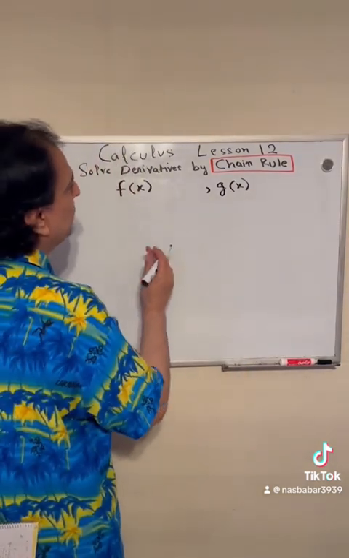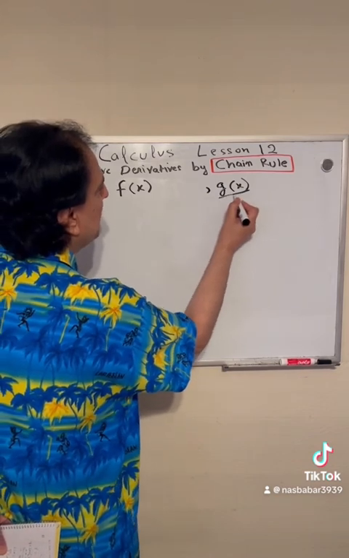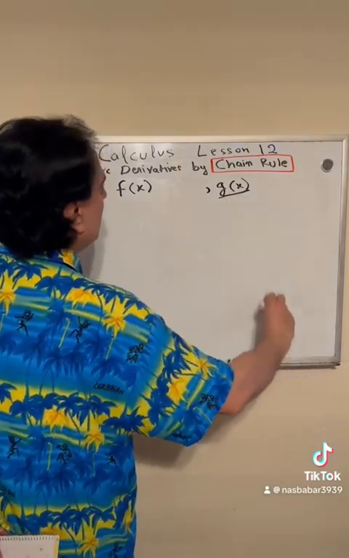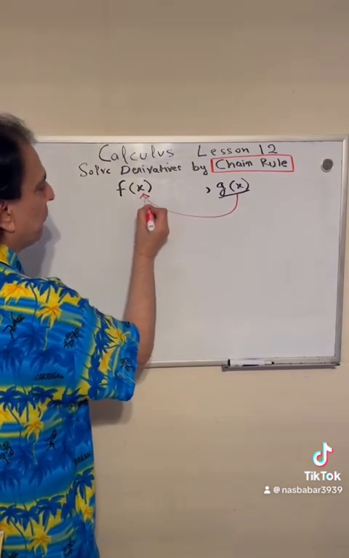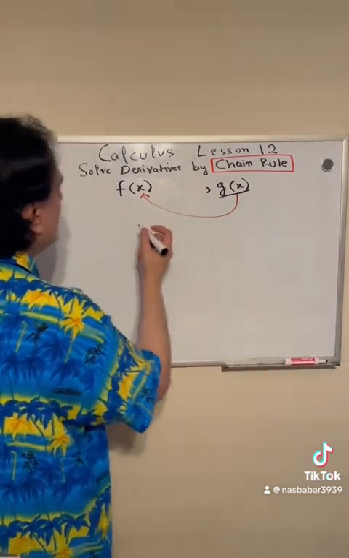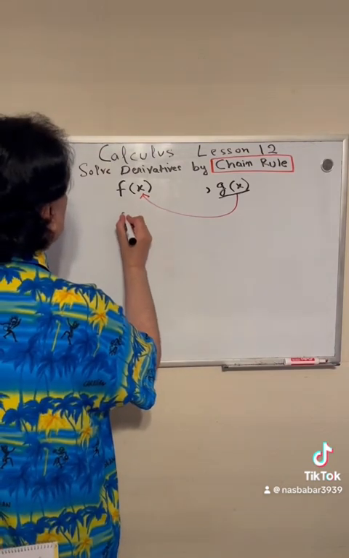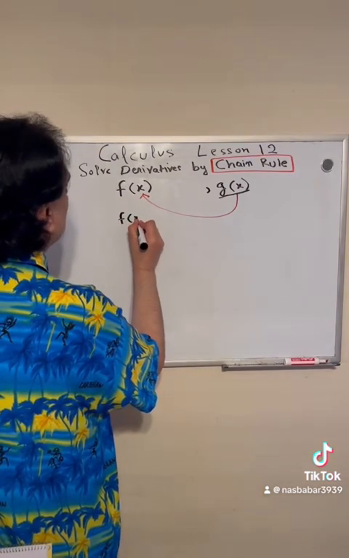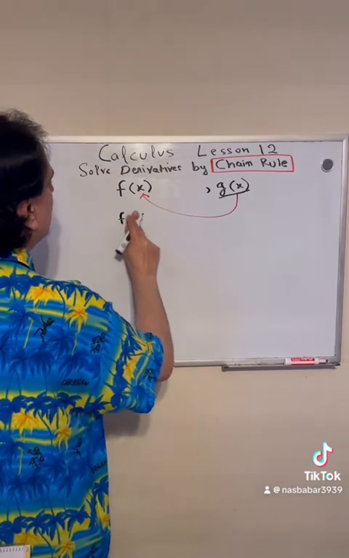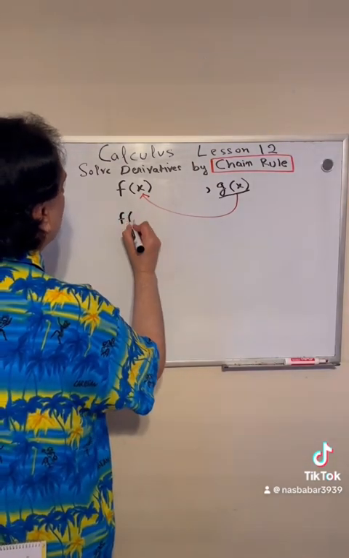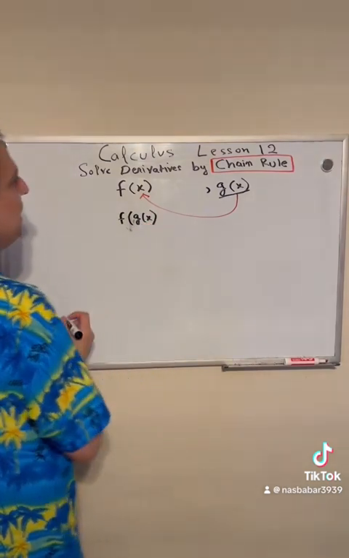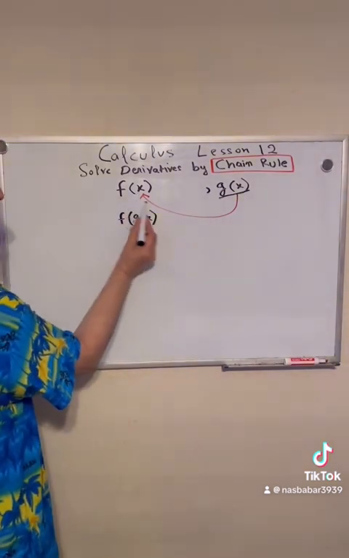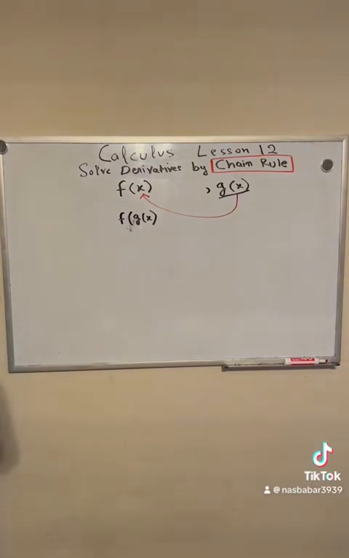What we can do is take g of x and substitute it in place of x. Then it will look like f of g of x. So all I did was replace this x by g of x, as you can see right here.